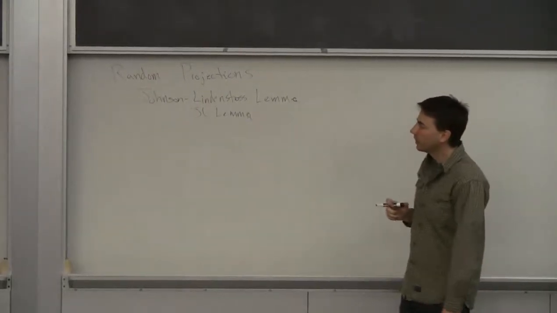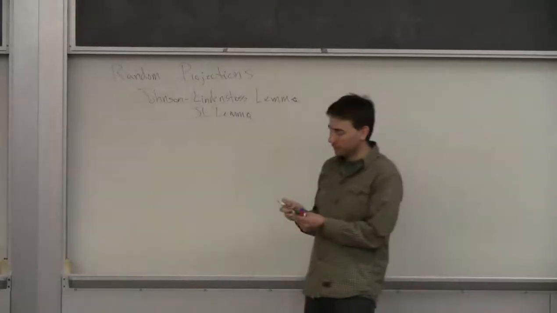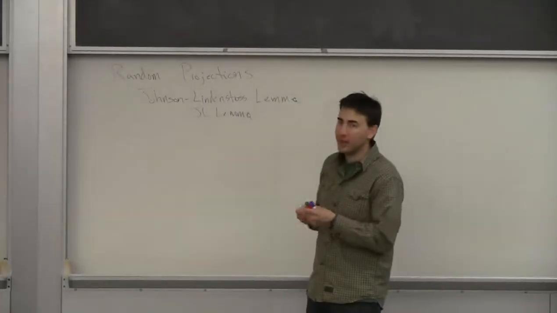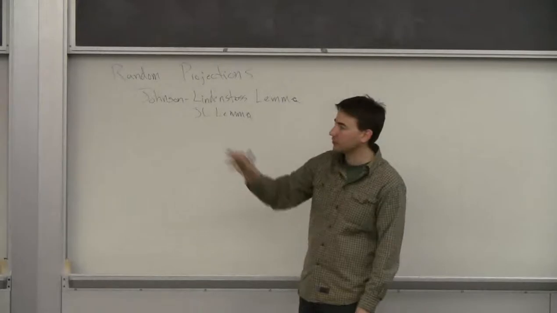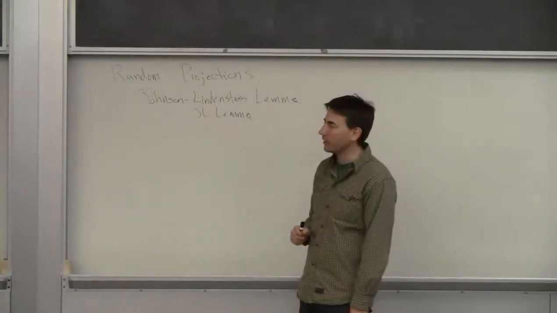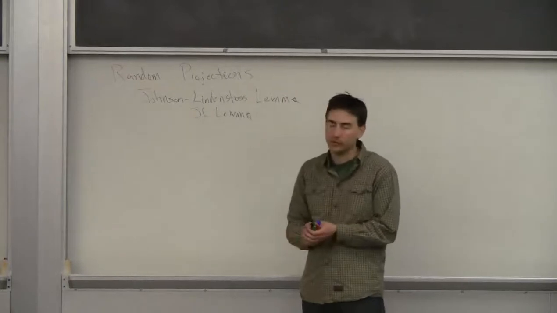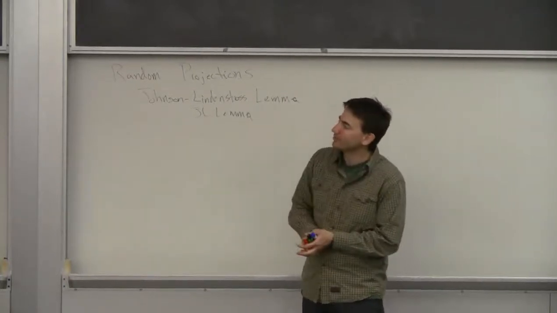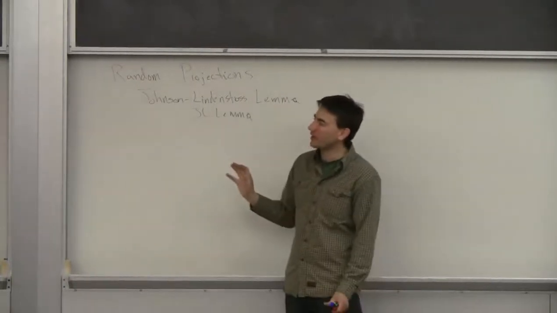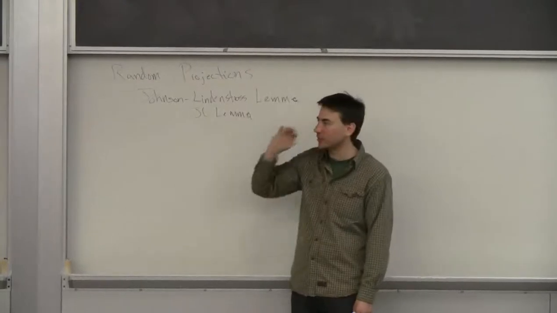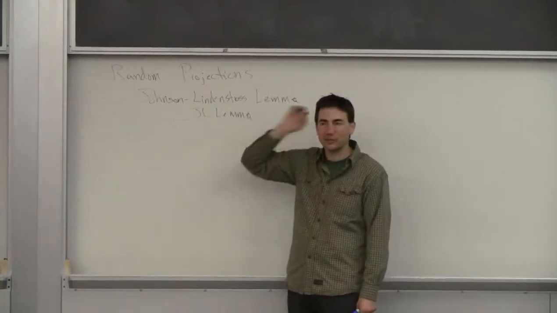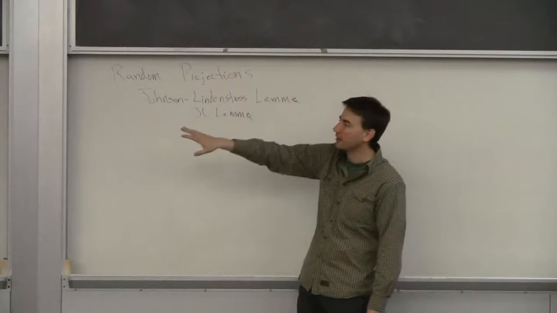Okay, and what this is saying is I have data in some very high-dimensional space, and I want to get down to a lower dimensional space. This is going to be the transpose of the earlier setting.